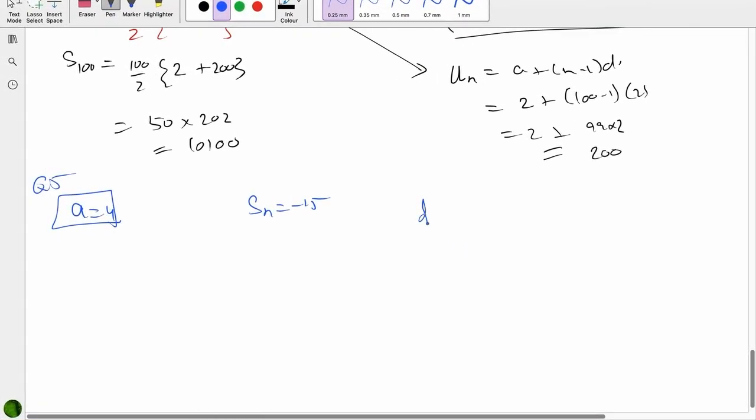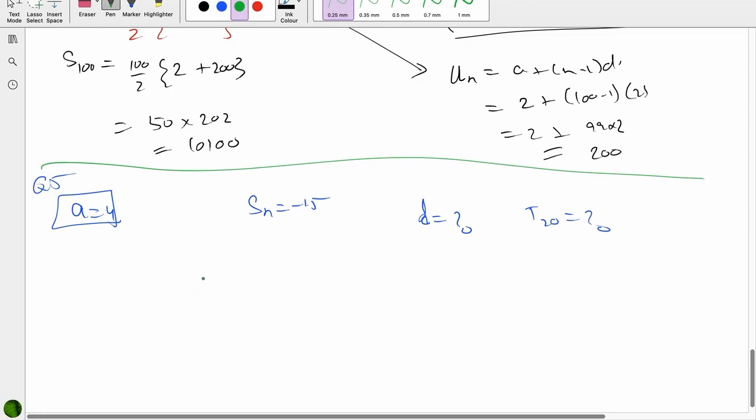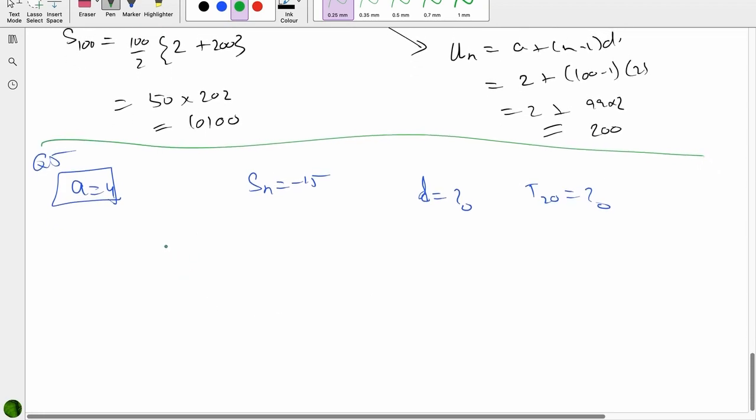So d is equal to unknown and t20 is equal to unknown. So what information is given? That is the sum. So Sn is equal to n by 2 into (2a plus (n minus 1) into d). The sum is negative 15.